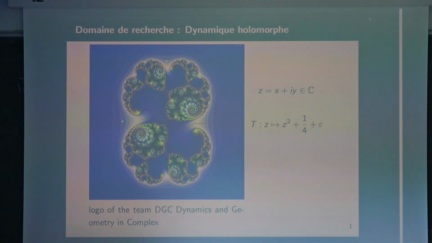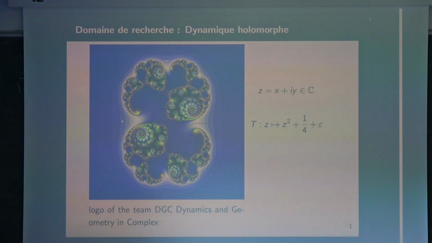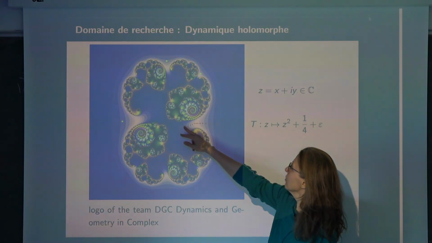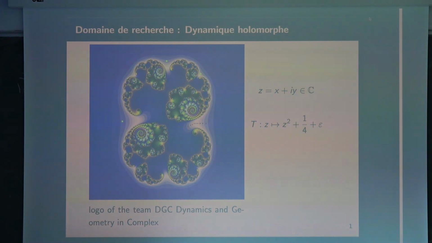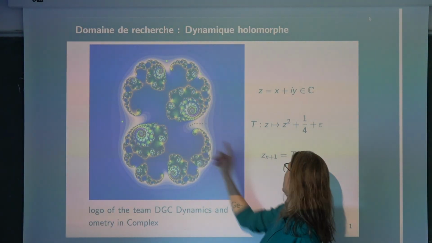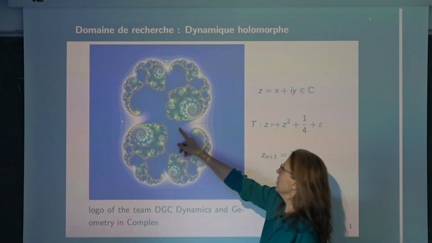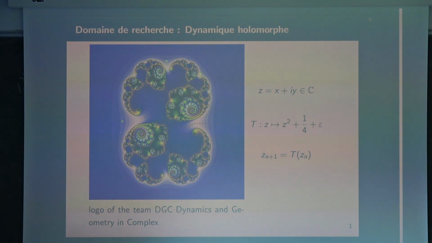If you see the colors, you think that they represent something. In fact, the color is relative to the speed. You see this sequence: you start with one point z0, then you have z1, which is T of z0, and z2, z3, etc. So you get a sequence of complex numbers, and you look at what happens.